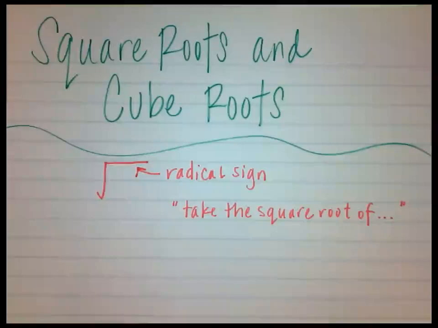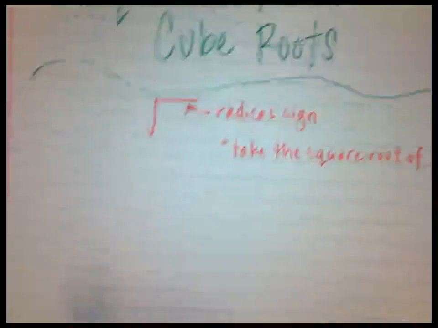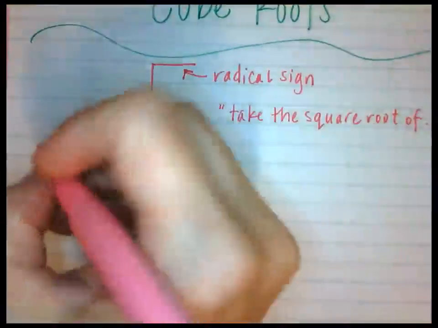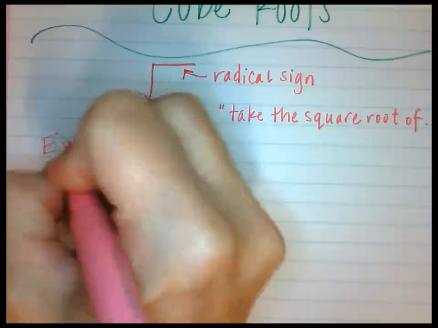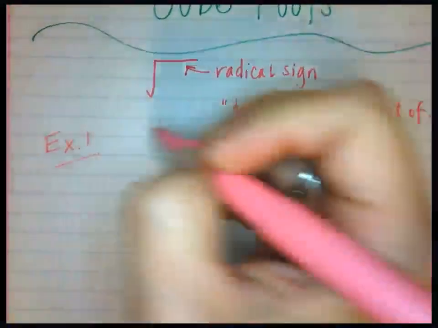Now, taking the square root of something is the opposite of squaring something. So we're going backwards. That means our examples, our questions, are going to look something like this. So we'll just jump right into our examples.